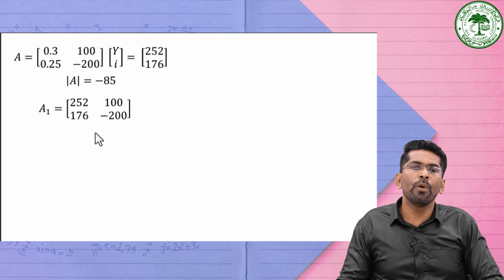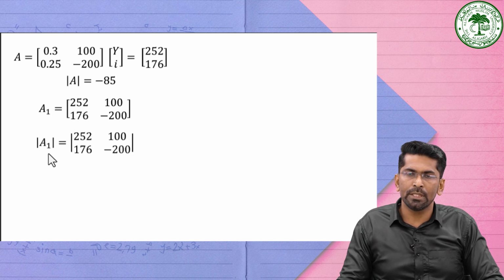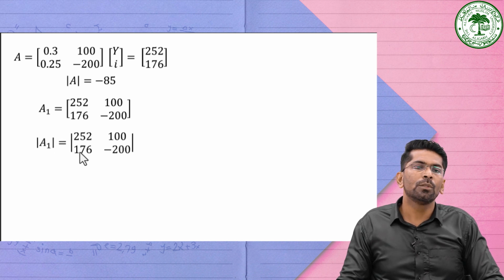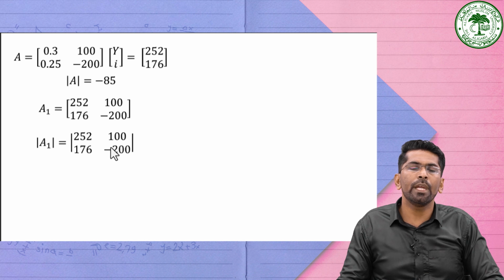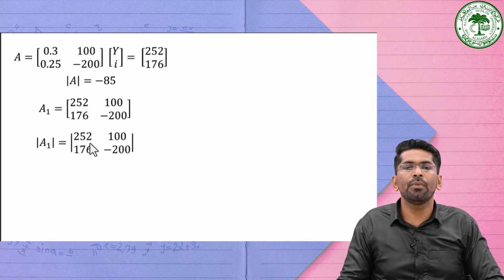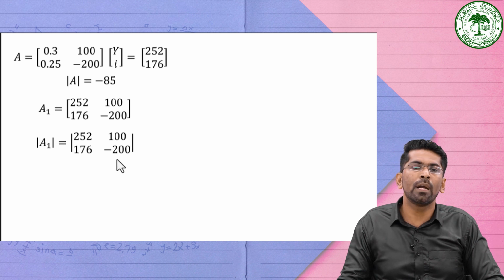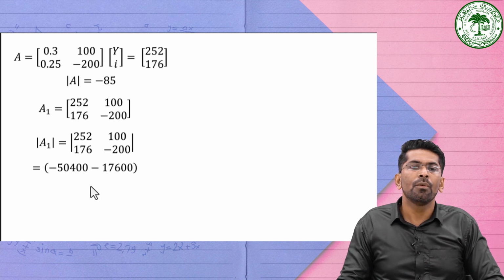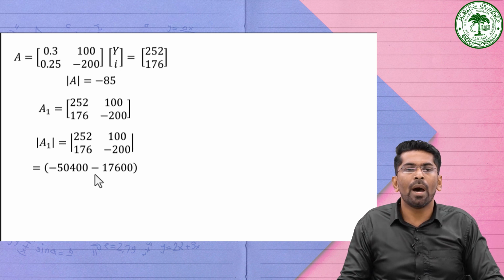After that, we are going to find the determinant value of the special matrix A1, which is equal to 252 into minus 200 minus 100 into 176. If you multiply 252 into minus 200, it will become minus 50,400, then minus 100 into 176, that is 17,600.